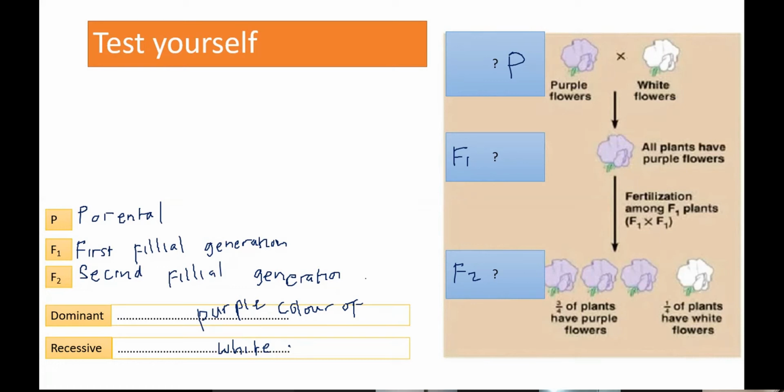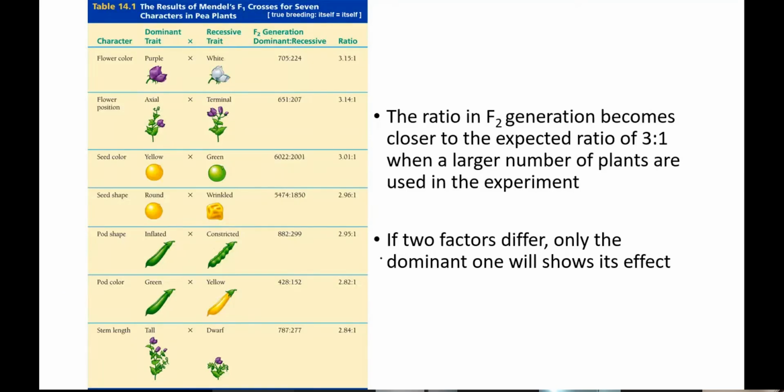Do you have any questions, dear students, about this subtopic? Jerry? Understand? Easy or not? Miss, I want to ask about the F2. Is it possible for all the F2 children to be purple? Let's look at Mendel's experiments. This is the data from Mendel's experiments.